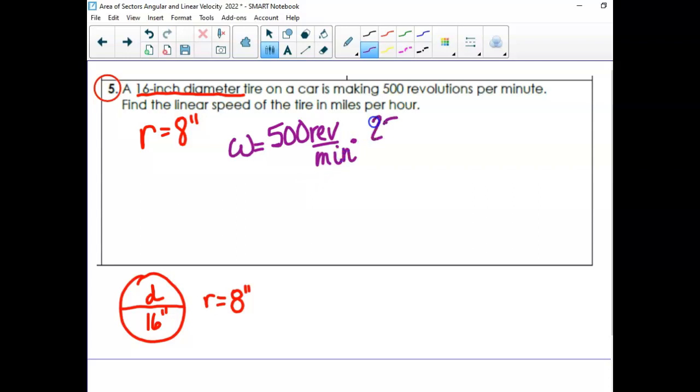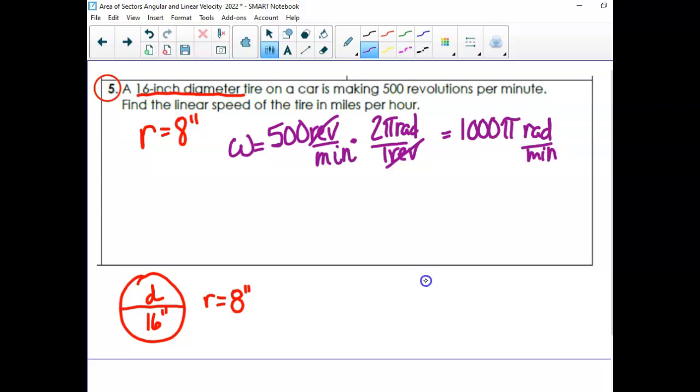Yep, multiply by 2 pi radians is equal to 1 revolution. So the revolutions cancel. So 500 times 2, guys? 1,000 pi radians per minute.